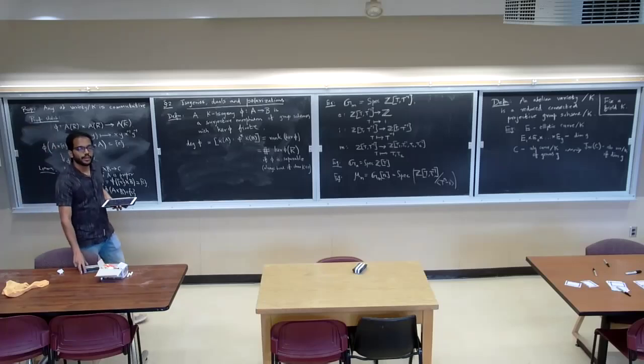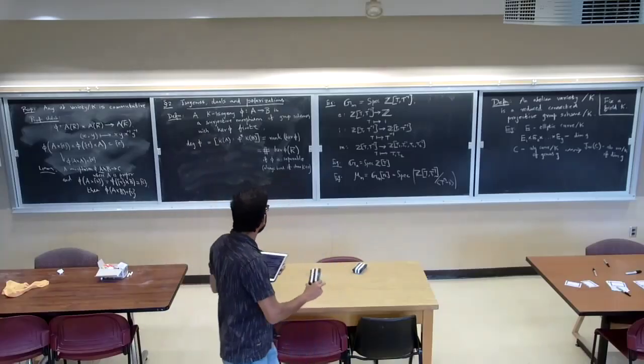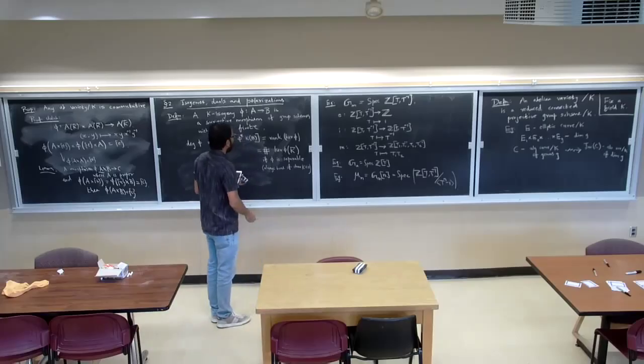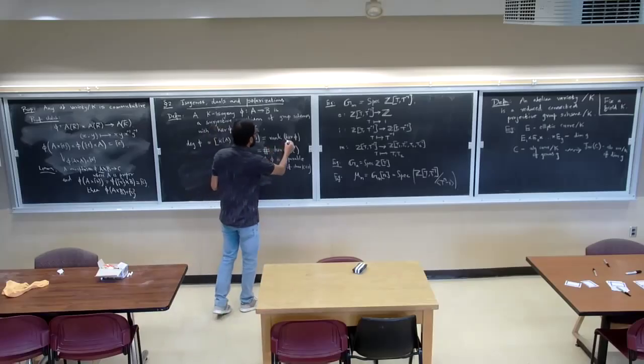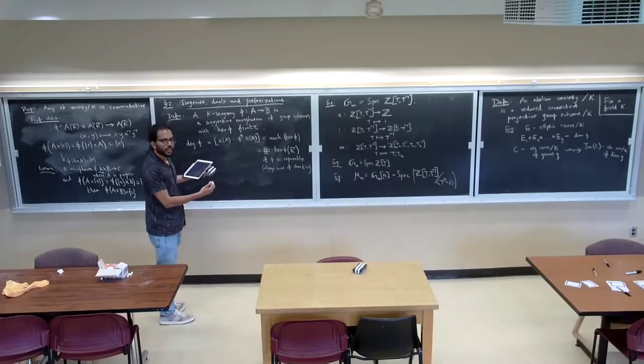Yeah, question? How is the rank defined? Oh, I think if you take a finite group scheme, we can break it up as the étale part, the multiplicative part and the local part.